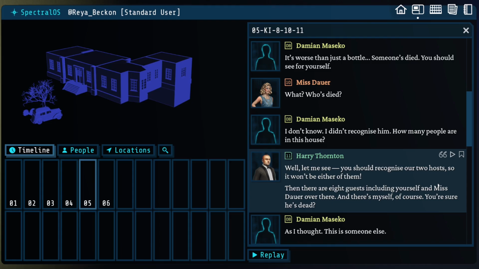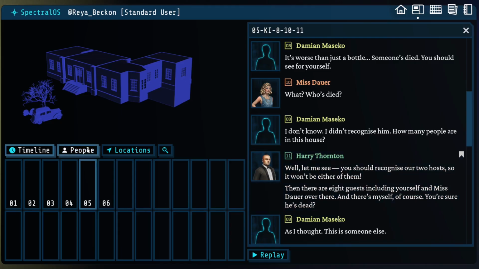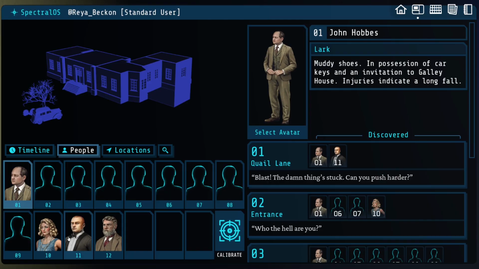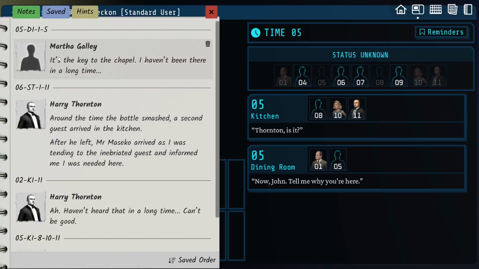Or what's happening? Okay, I need to note this and think about it later. People. We have this guy, the 2 hosts, that is Martha and Eddie, and 1, 2, 3, 4, 5, 6, 7, 8 guests, because he met John outside. Interesting.